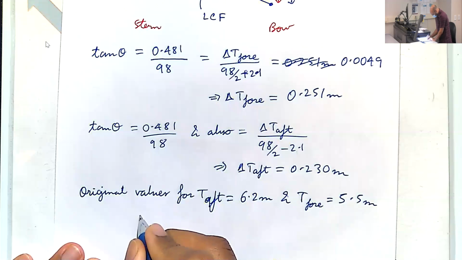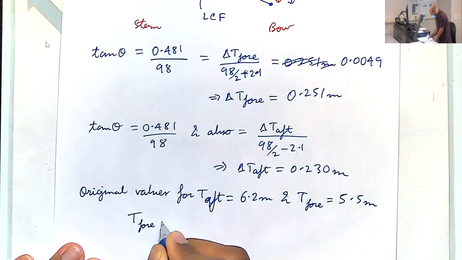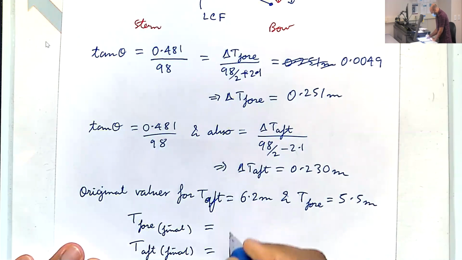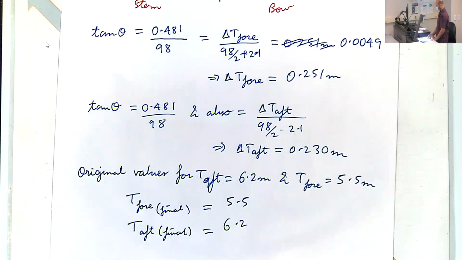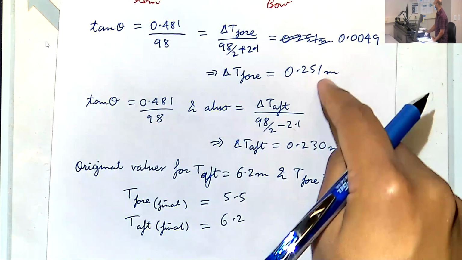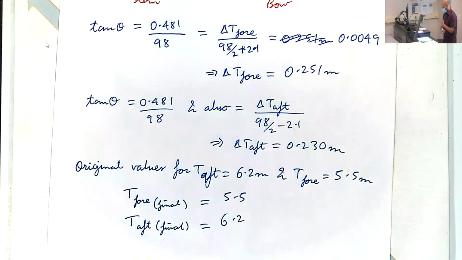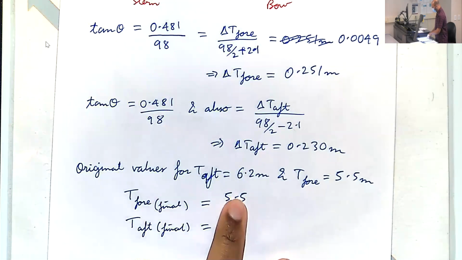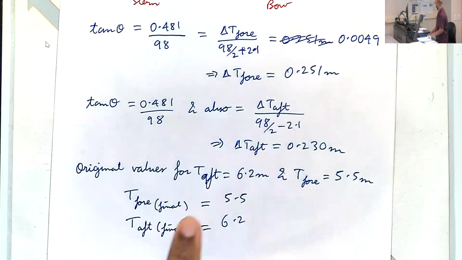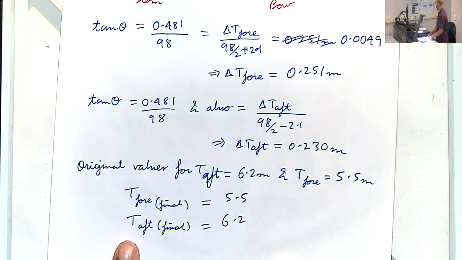Okay, so T forward final and T aft final. Initial value was 5.5, 6.2. All right, you tell me, what do we do? Do we add these two changes to both of them? So should we say the final value will be initial value plus 0.251 for both the fore and the aft?